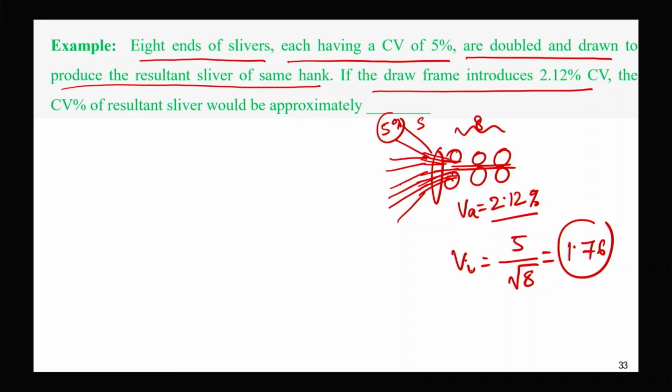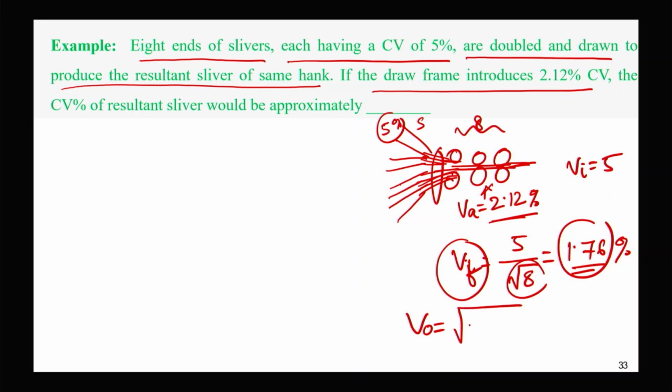This will be the CV of the feed material of 8 slivers. From there we can calculate the output material, where the added CV is 2.12%.